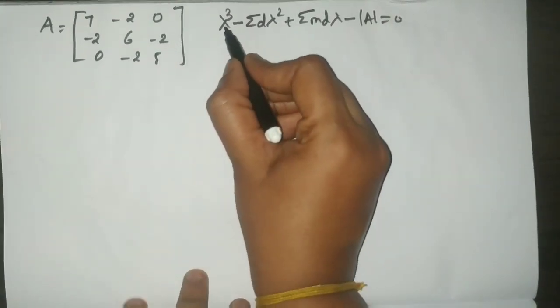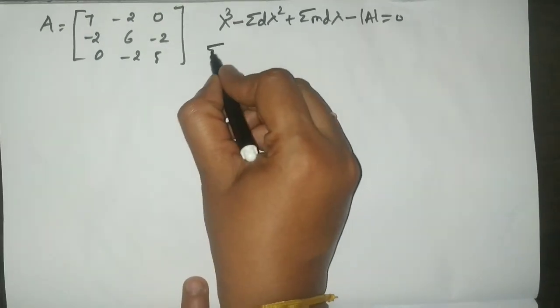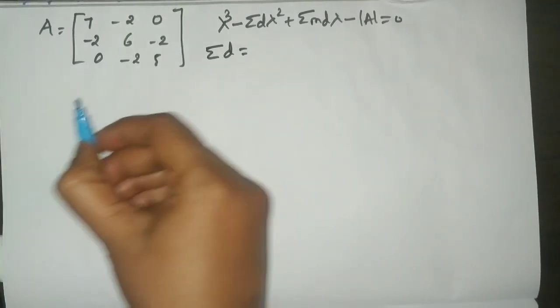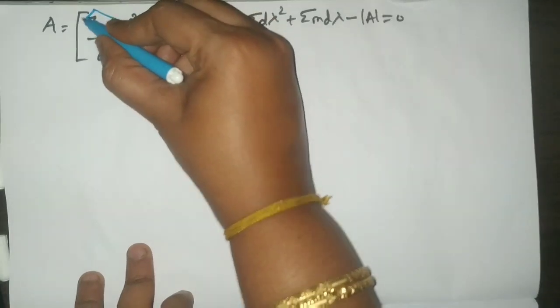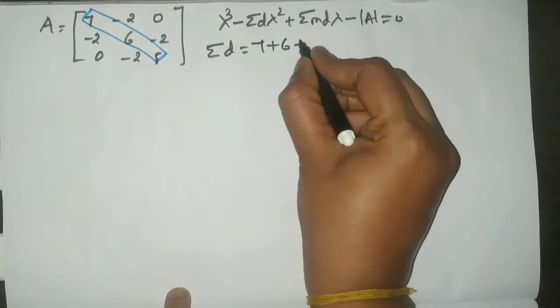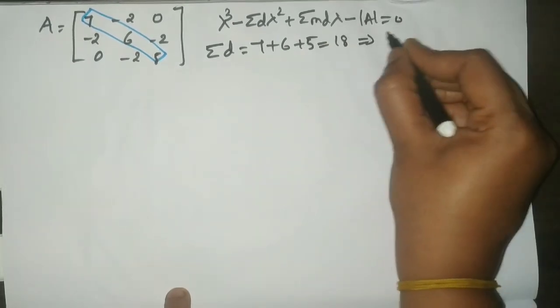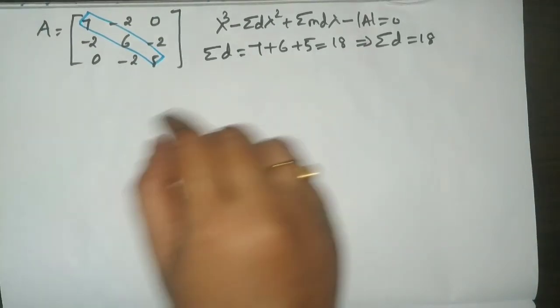For this, lambda cube does not have any coefficient, it's 1, so we need to find summation d. As I already told, summation d is nothing but the sum of the diagonal values. So here the diagonal values are 7 plus 6 plus 5, so totally it is 18. So summation d is 18.